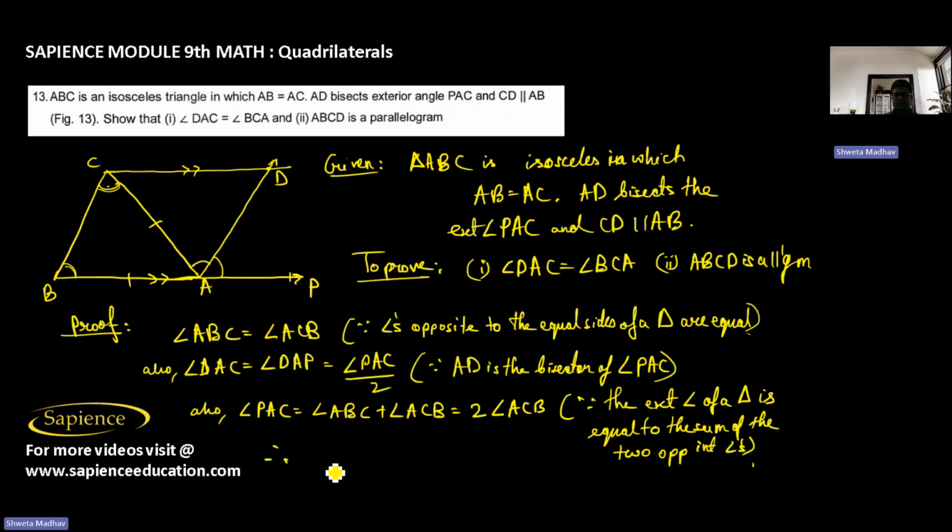So now therefore we can say that angle ACB, or angle BCA, is equal to half of angle PAC, which is also equal to angle DAC.